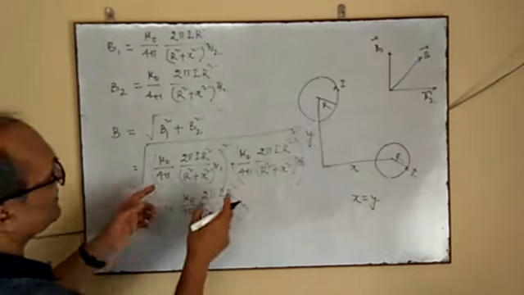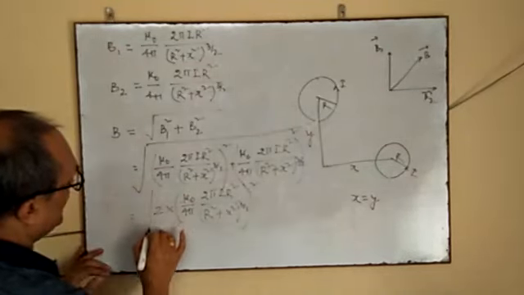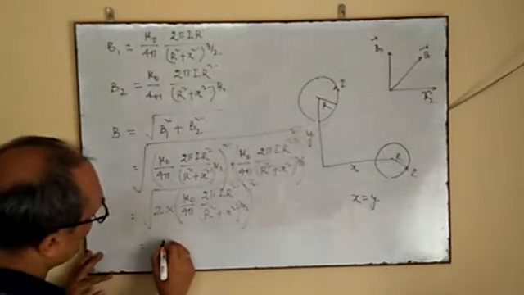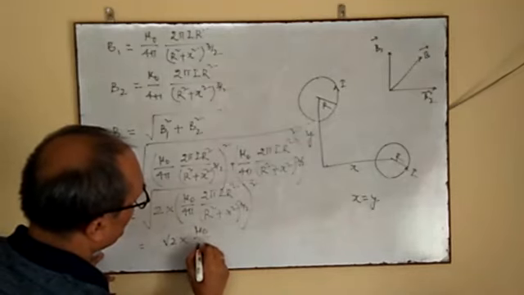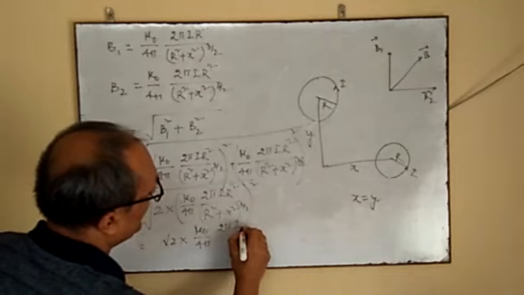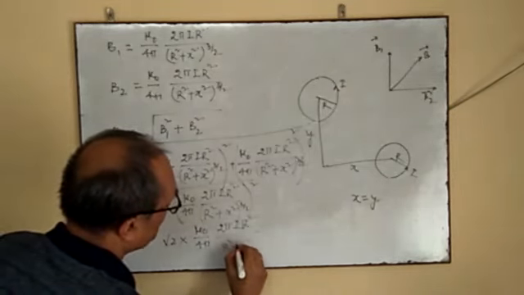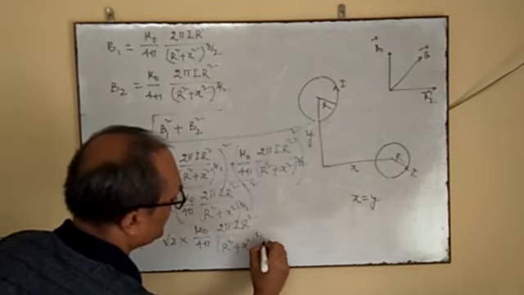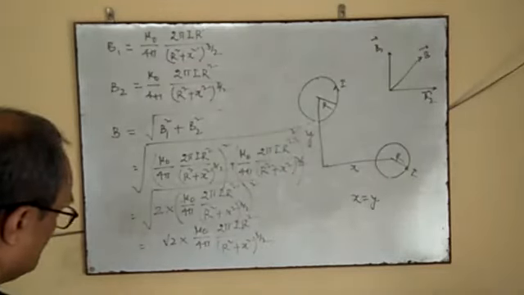This is the square of this, under root this, and this equals to root 2 into mu naught by 4 pi, 2 pi I r square by r square plus x square, this to the power 3 by 2. This is the resulting magnitude.